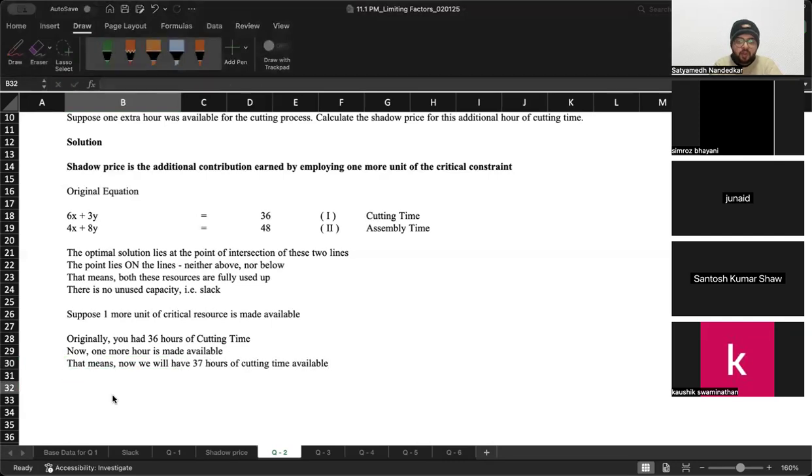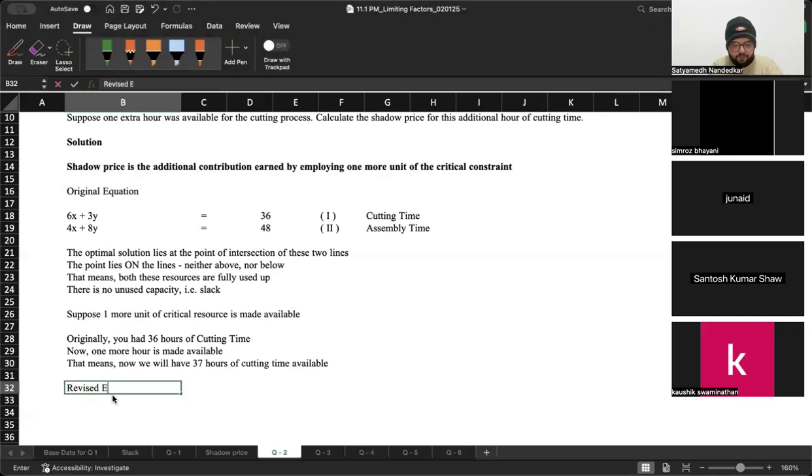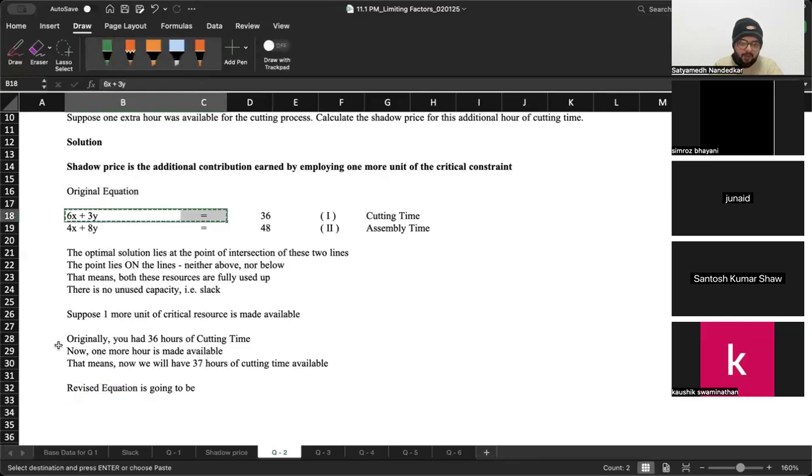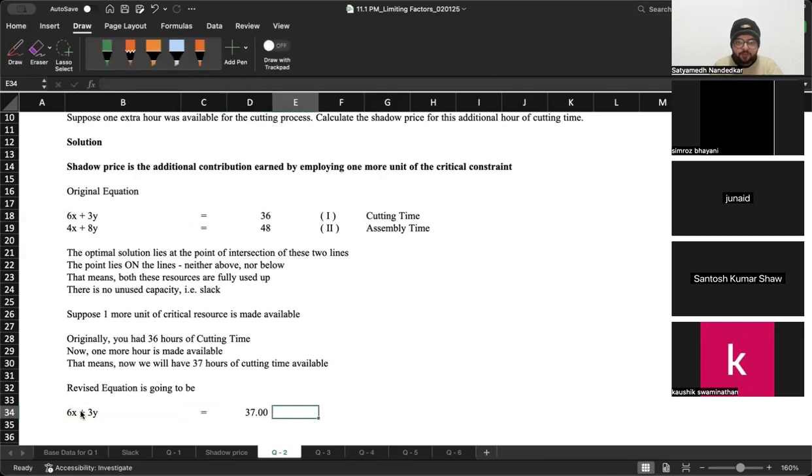So what is your updated equation going to be? The revised equation is going to be 6x plus 3y equal to 37.